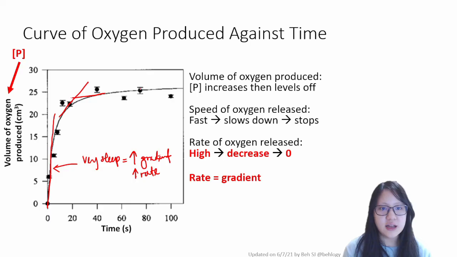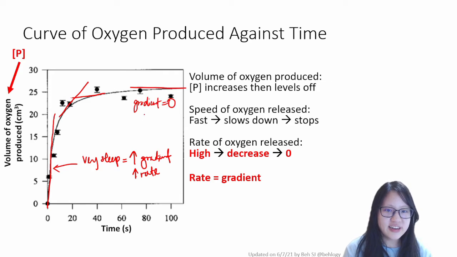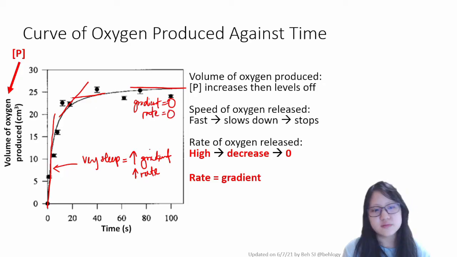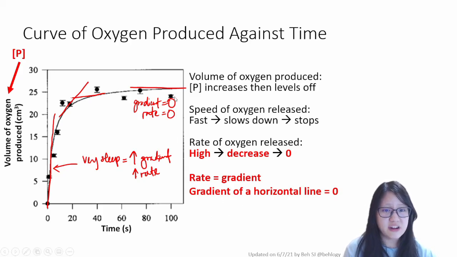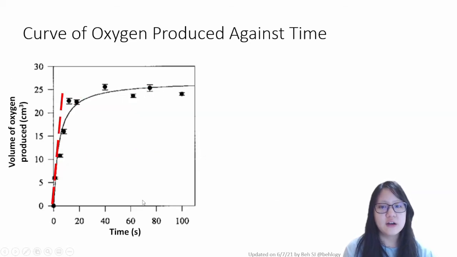Until the line becomes horizontal. Gradient equals, oh, I did a very bad job at a horizontal line. Horizontal line, gradient equals 0, and therefore rate equals 0. So that's a reminder for you. Gradient of a horizontal line is 0. So when the graph plateaus, rate equals 0 in a time course graph.